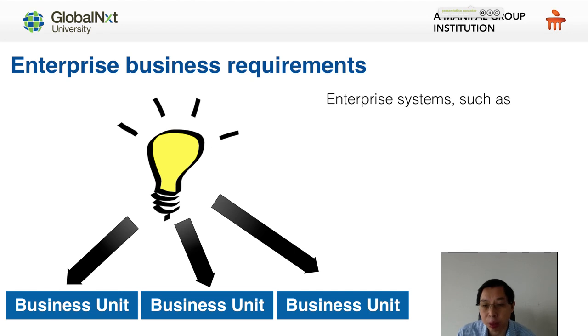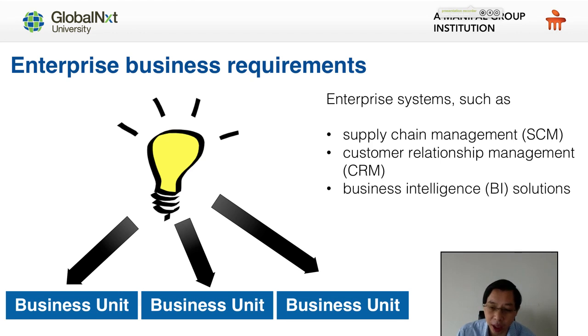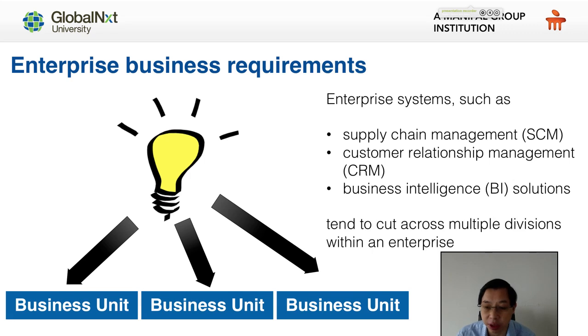By enterprise systems, what I mean are things like supply chain management systems, customer relationship management systems, and business intelligence solutions. All these are examples of systems that don't sit in isolation. They're actually systems that cut across all these different business units.